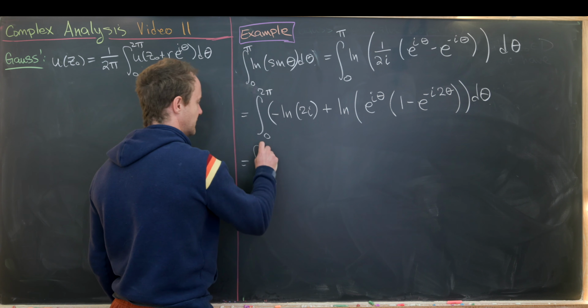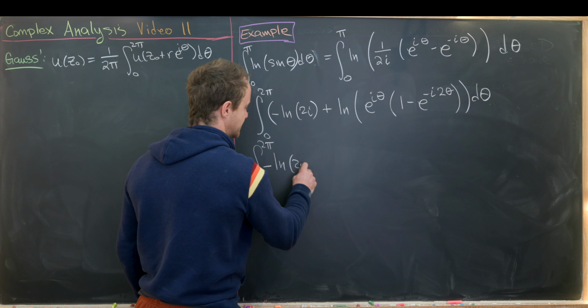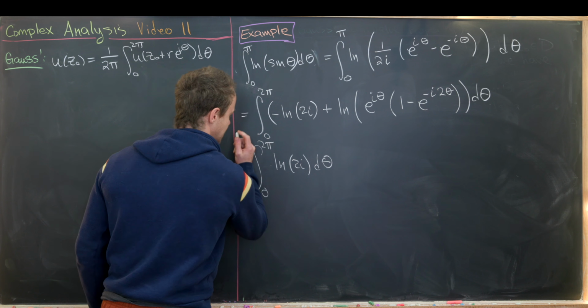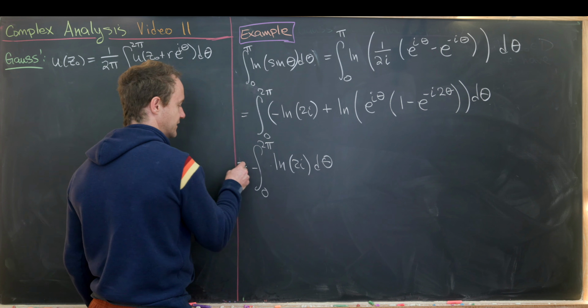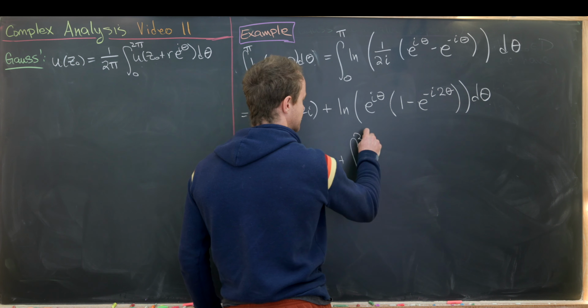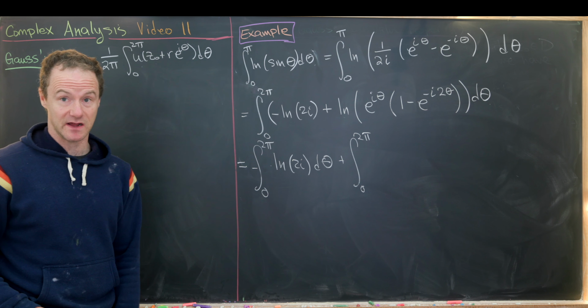So this is going to give me the integral from 0 to π of minus natural log of 2i. I'm going to keep that as an integral of its own, dθ, and then I'll bring my minus sign out of the integral like that. And then I'll have plus the integral from 0 to π of the natural log of e^{iθ}.